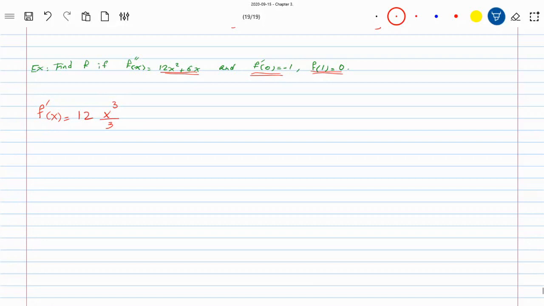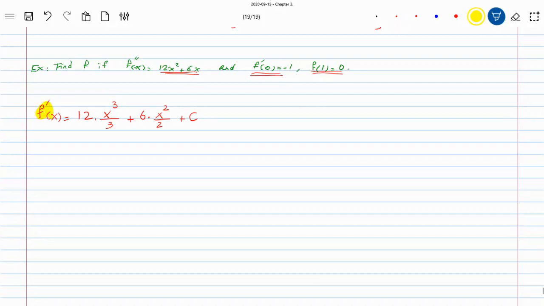So we add 1 to the exponent and divide by the same exponent, the plus 6 is still there, constant, and add 1 to the exponent of x. If you add 1, what you get is x to the power 2 divided by 2, plus some constant c. So now, how do we figure out what is this c?